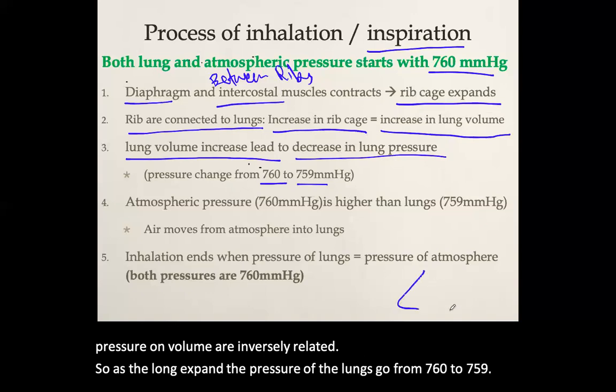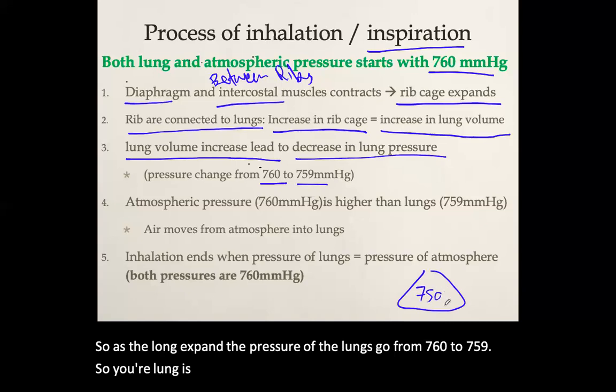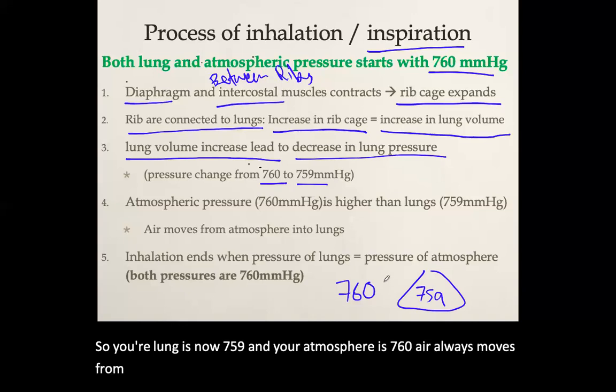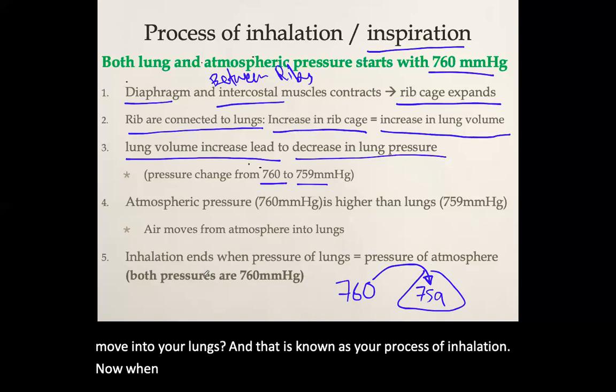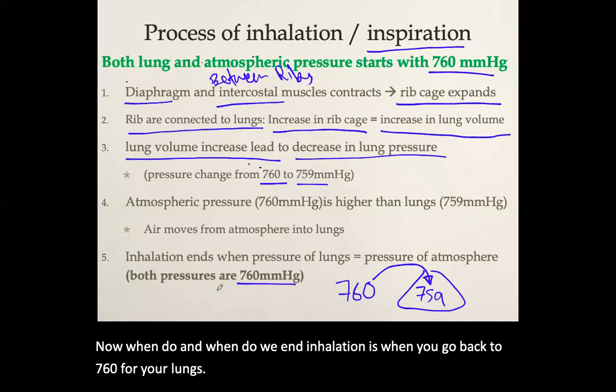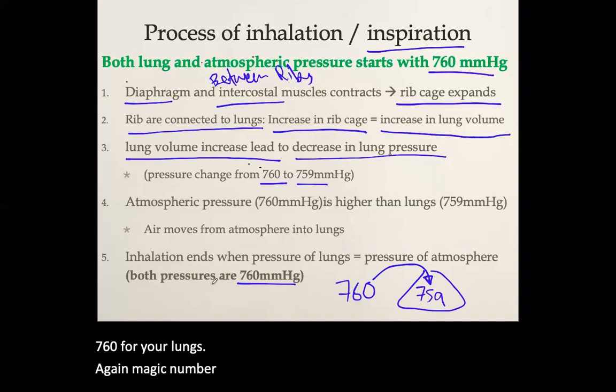So your lung is now 759 and your atmosphere is 760. Air always moves from a higher pressure to a lower pressure, which means air is going to move into your lungs, and that is known as your process of inhalation. Now, when do we end inhalation? Is when you go back to 760 for your lungs. Again, the magic number we always try to achieve is 760.